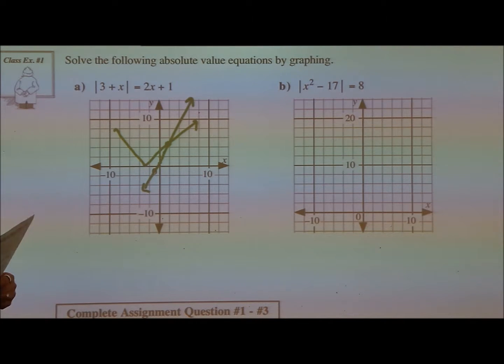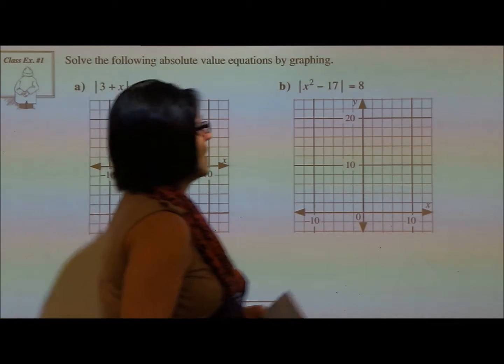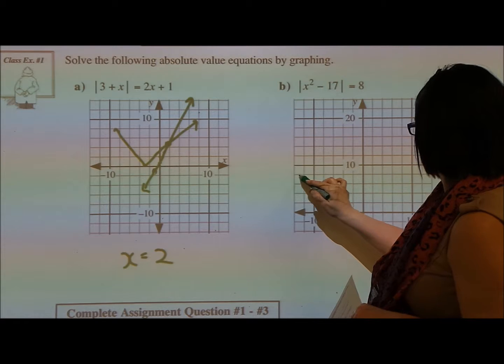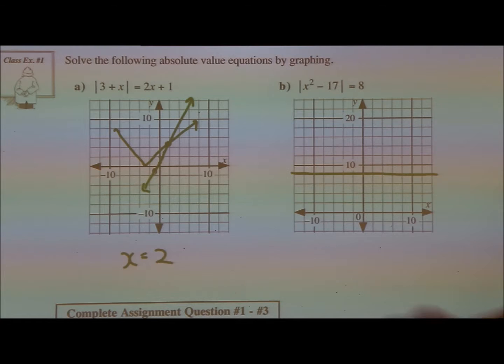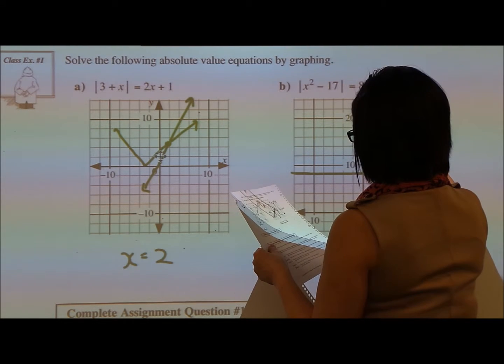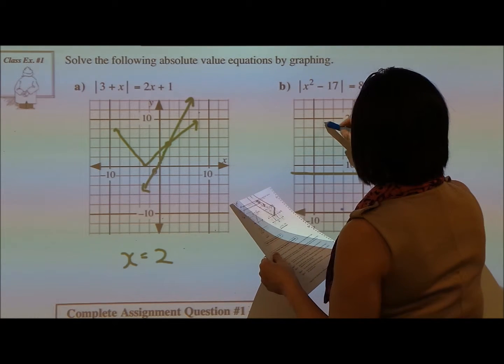Where do they intersect? x equals 2. Okay, so if I look at the next one, y equals 8 if I'm doing the intersection method. The absolute value of x squared minus 17 gives me kind of a funky looking graph that comes down like there.